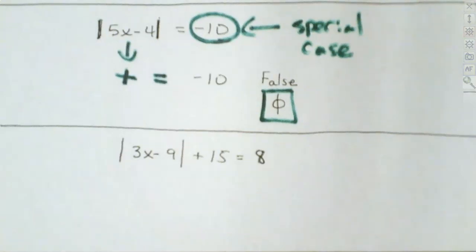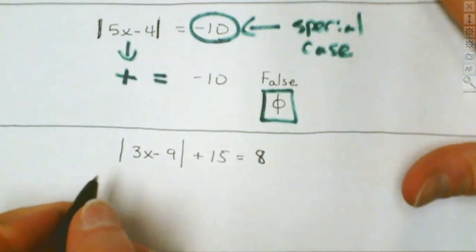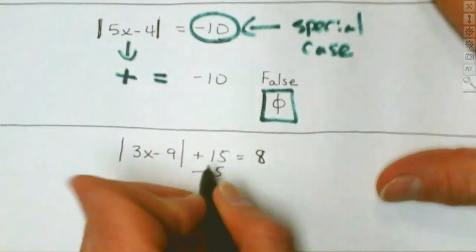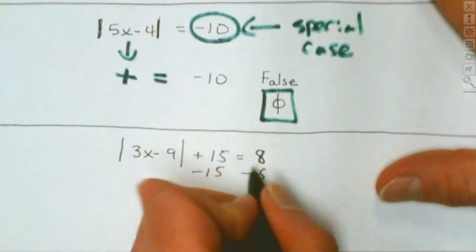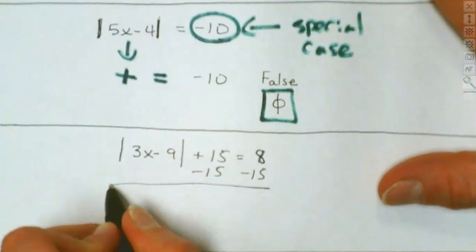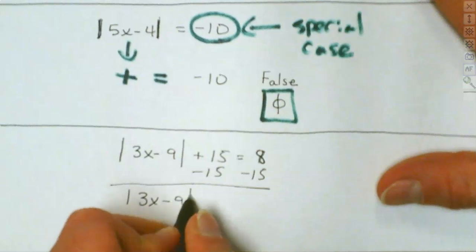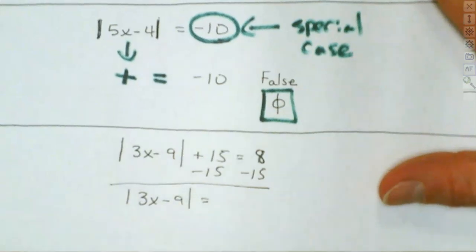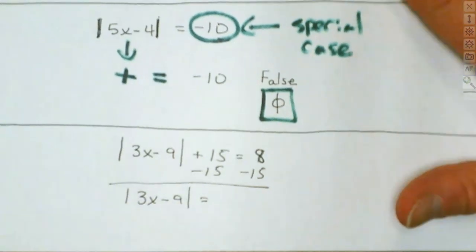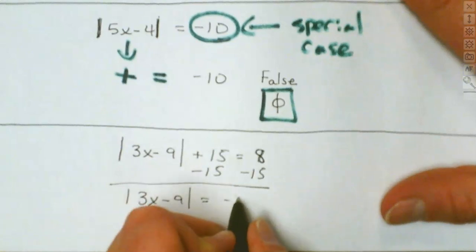We must move what over? Always move that 15 over so that that absolute value is by itself on the left. And then we've got 8 minus 15. That makes it then a minus 7.